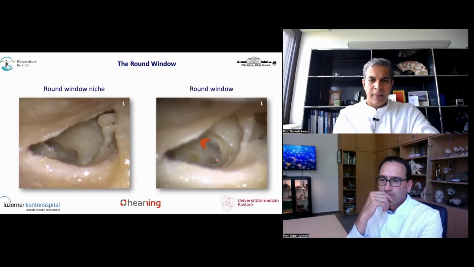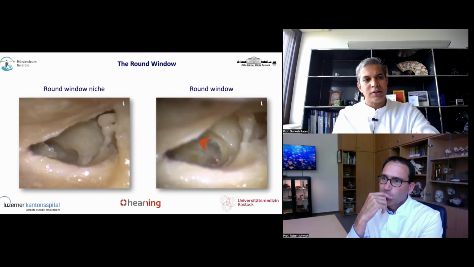And obviously round window insertion, and then we don't want to violate the endosteum, because one, obviously we don't want to drill.